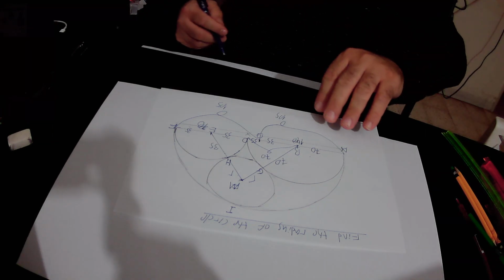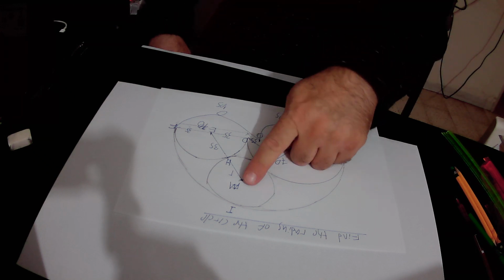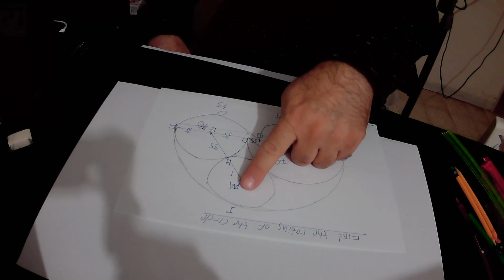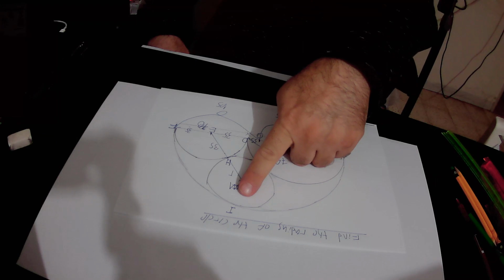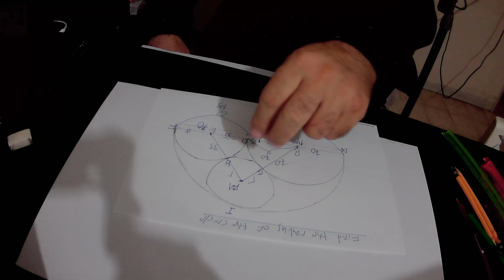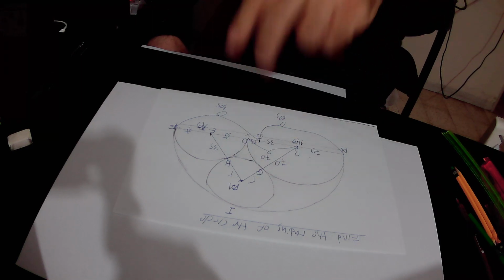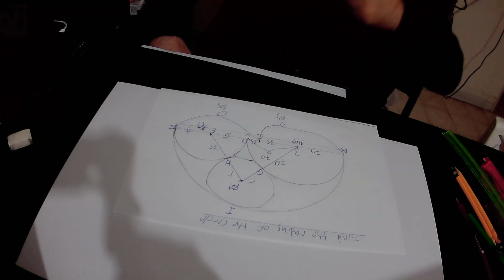Why? Because in our drawing, this circle touches the biggest semicircle at point I internally, because the small circle is inside the biggest semicircle.